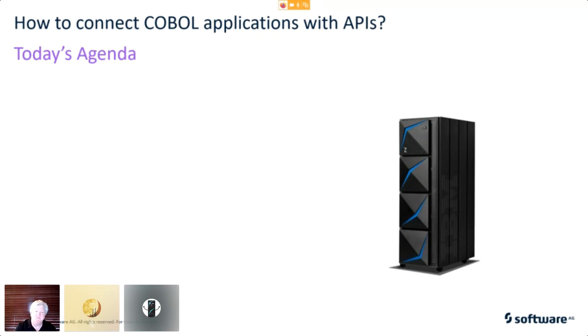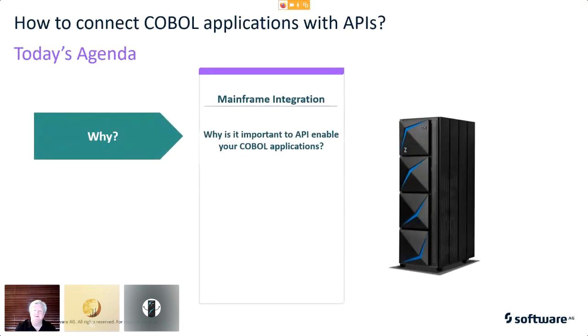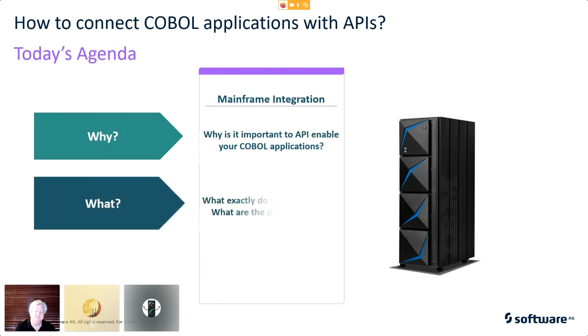We're going to talk about 3 different areas. We're going to talk about the why it's important to API enable your COBOL application, how that fits in with today's digital enterprise. We're going to talk about what exactly do we mean by APIs? What are the different types? What's emerging technologies?